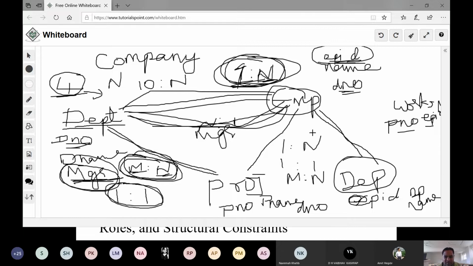Everywhere we study only these 3 types of cardinality ratios. Sometimes we replace m and n with a and b or x and y. We can take any alphabets or numbers just to help understanding.